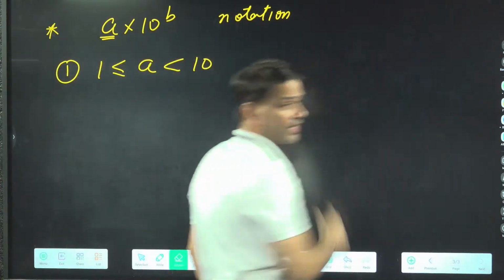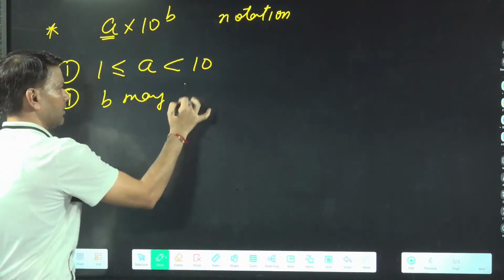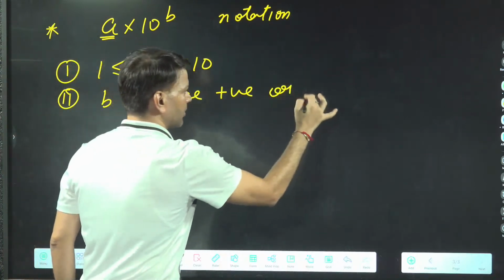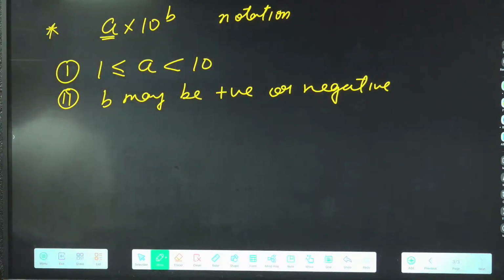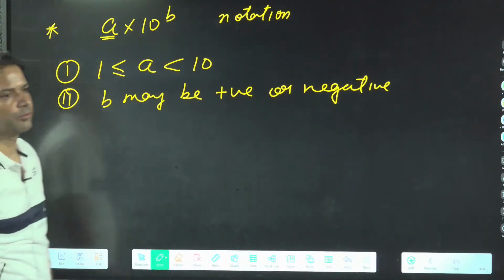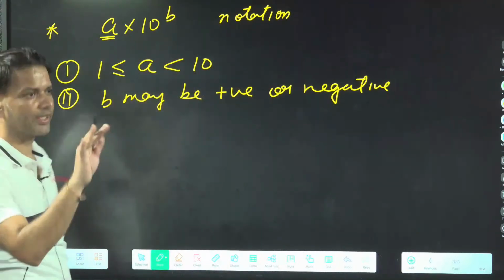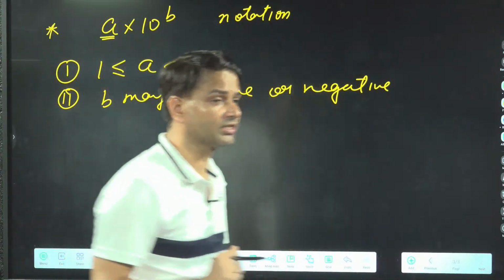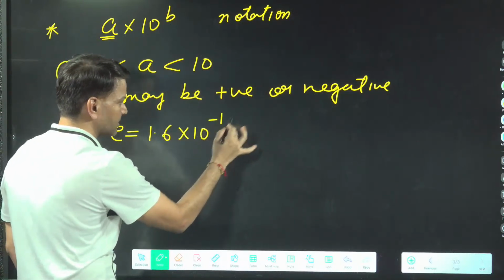So that is the condition of A, and B may be positive or negative. You have seen many notations, like electronic charge, which you write as 1.6 into 10 to the power minus 19 coulomb.